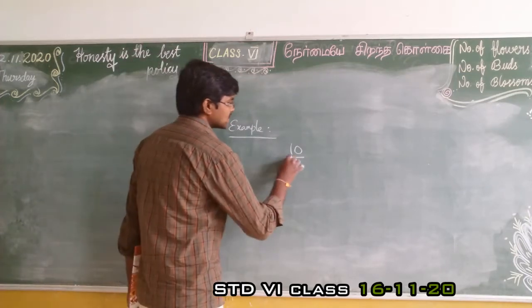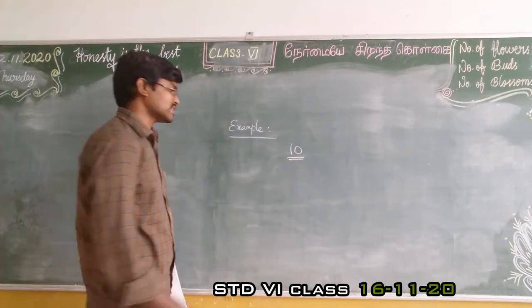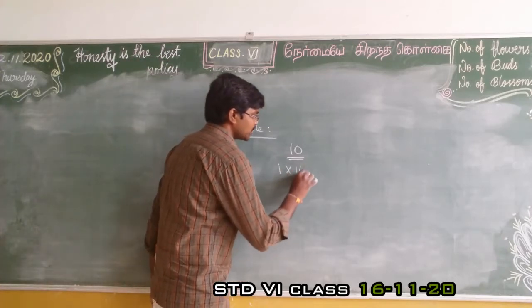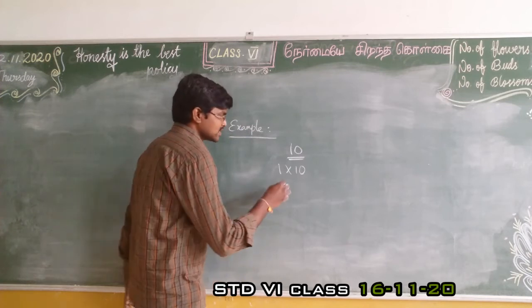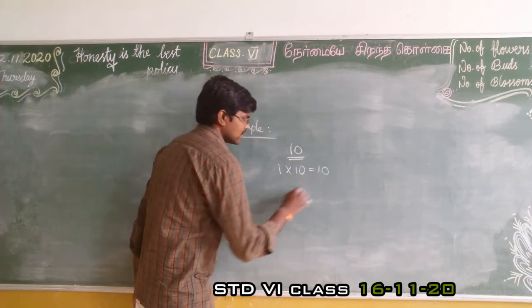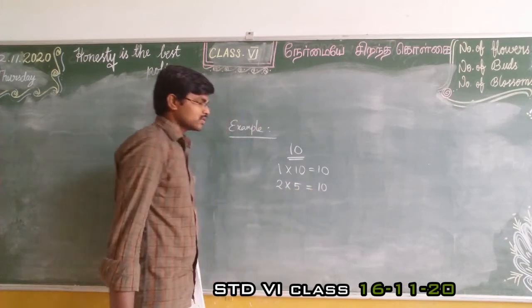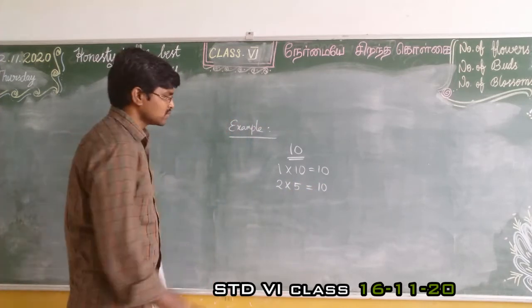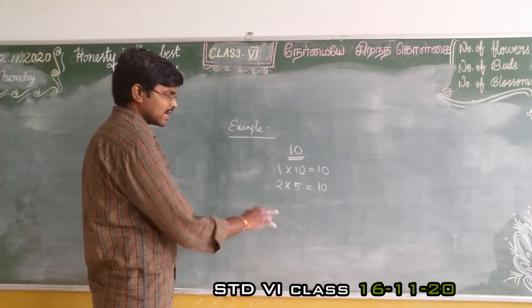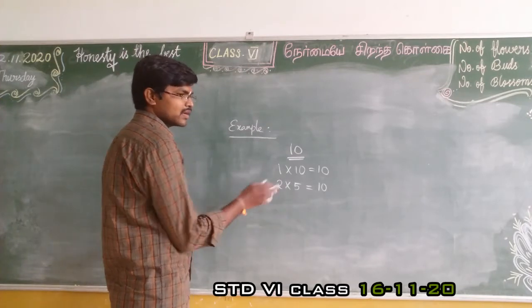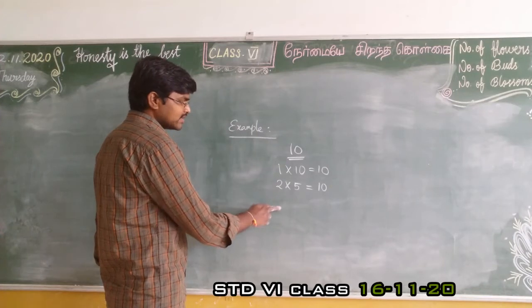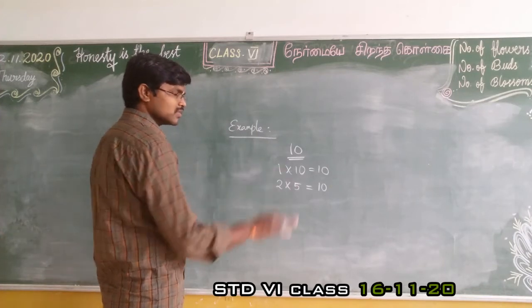So 10 has factors. What are the factors available? 1 into 10 is 10. Next, 2 into 5 is also 10. Then 5 into 2 is the same, so leave that one. 10 into 1 is the same, so leave that one.